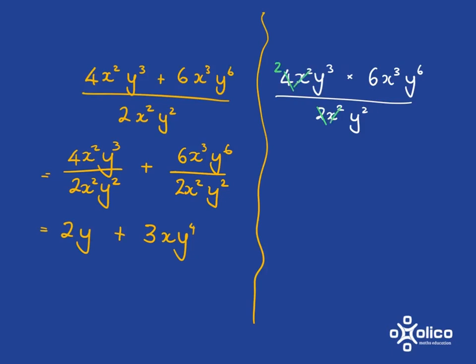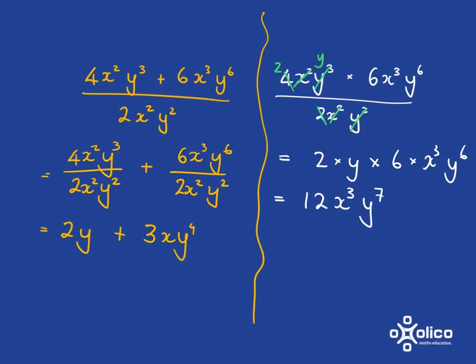X squared and x squared will cancel with each other, and this y squared we can cancel with this, just leaving one lot of y, and so what we will be left with there at the top is a 2 times a y times a 6 times the x cubed and the y to the 6th, and we can simplify that all down to be 12x cubed and then y to the 7.